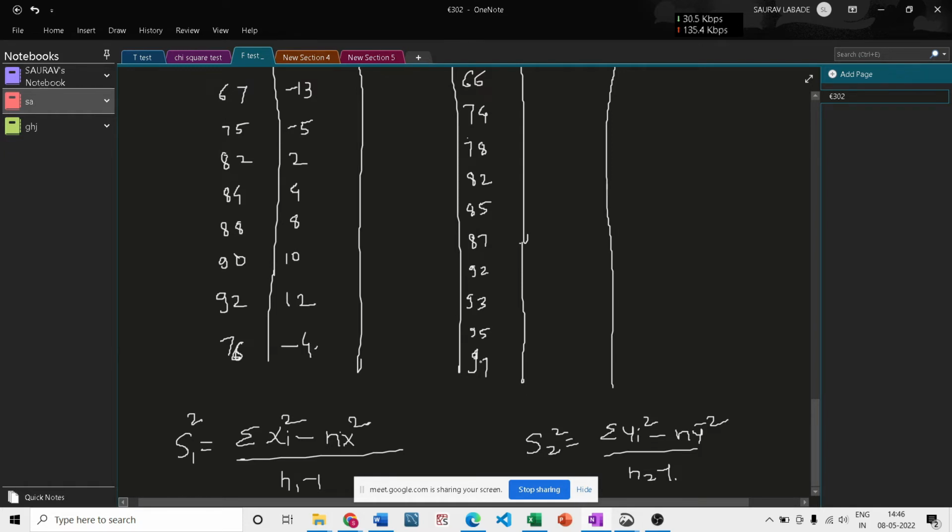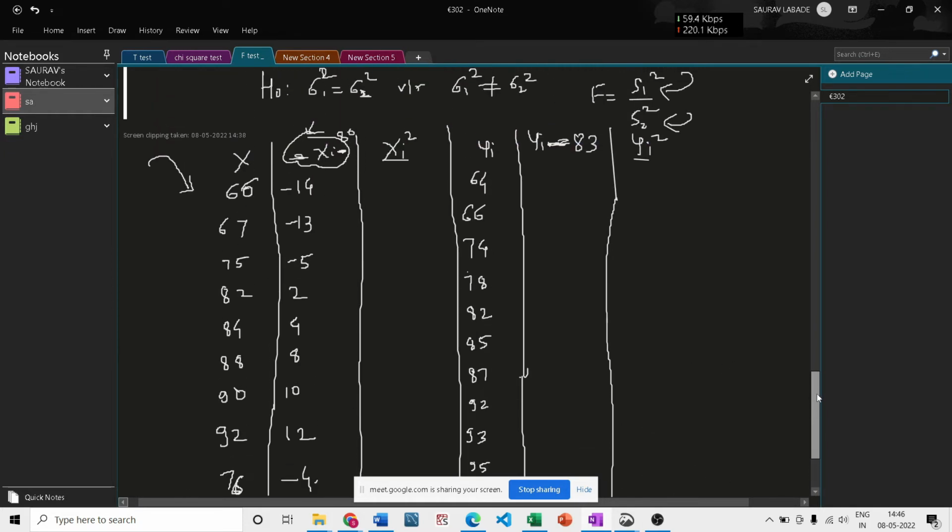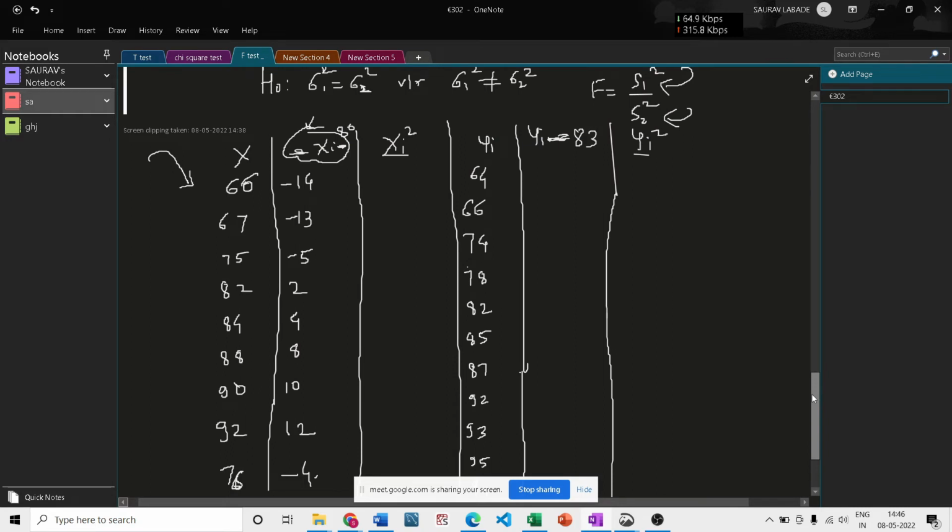Now find the square of all these numbers. Before that, we do the same for y: 64 minus 83 is minus 19, then minus 17, and minus 1.